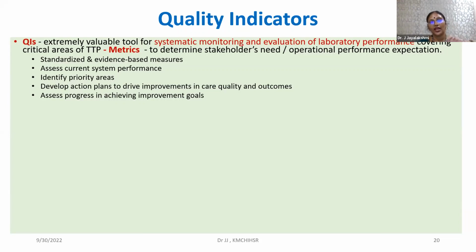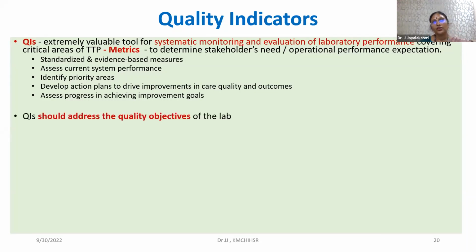So you will have to look at what actions need to be done when these are required as an improvement for the entire lab quality. Assess progress in achieving the improvement goals. Okay, so if you're moving forward, you need to have some methodology of assessing the progress as well.